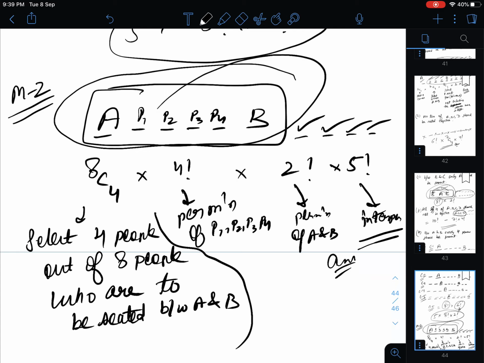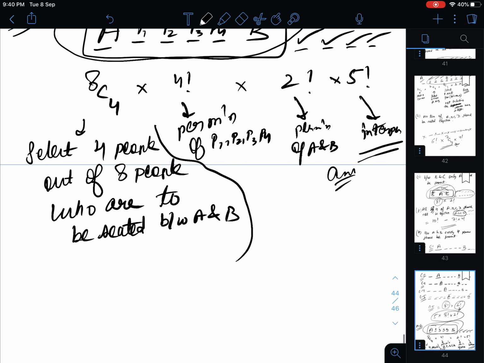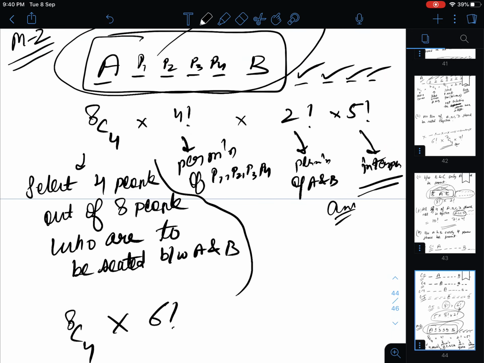Now you see, don't do this, that 8C4, select 4 people out of 8 people in 8C4 ways, and then do 6 factorial into 5 factorial, because you can't permute all of the 6 together.